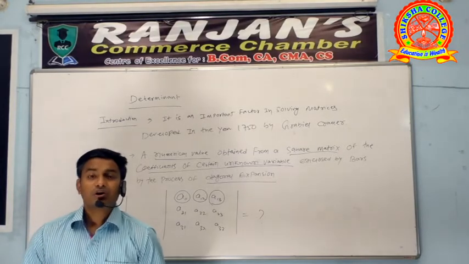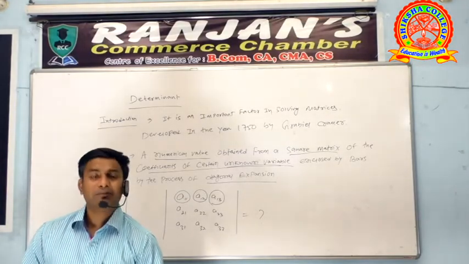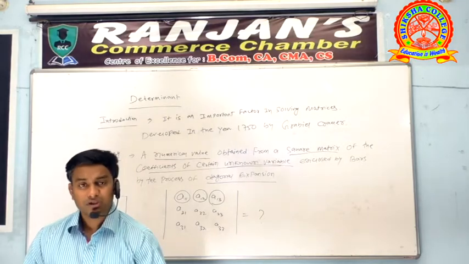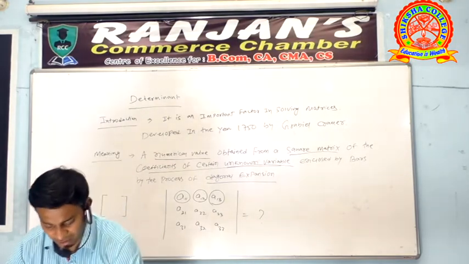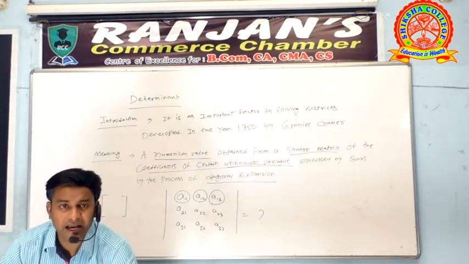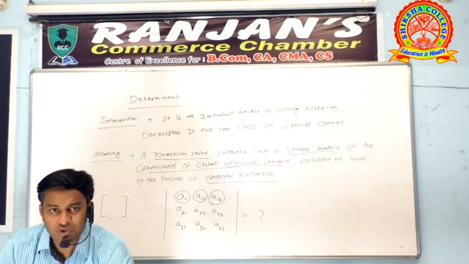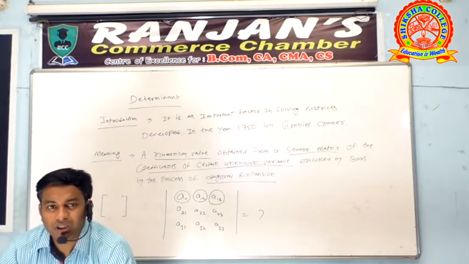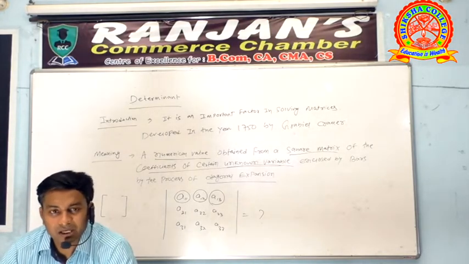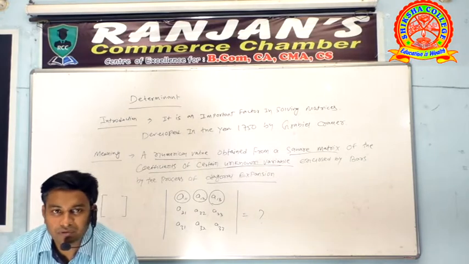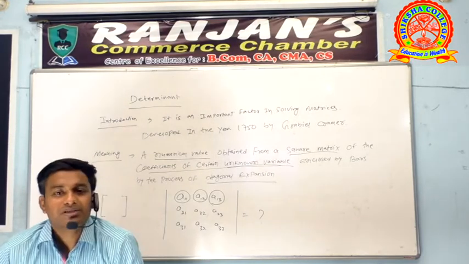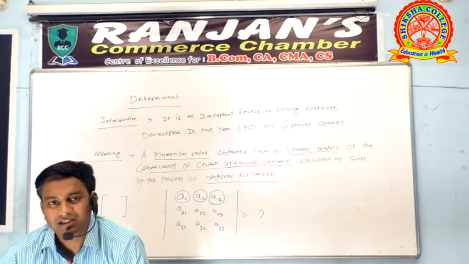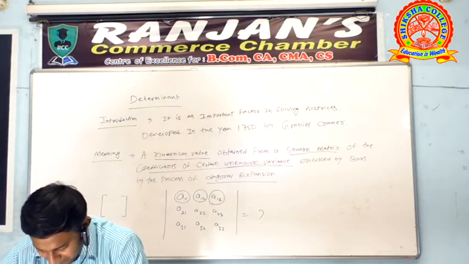Students, we can determine the determinant of a square matrix of any order. It may be of order 2 into 2, 3 into 3, 4 into 4, but basically we have problems relating to 2 by 2 and 3 by 3 matrices.